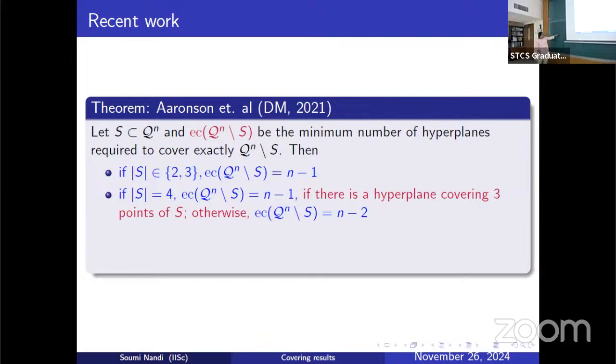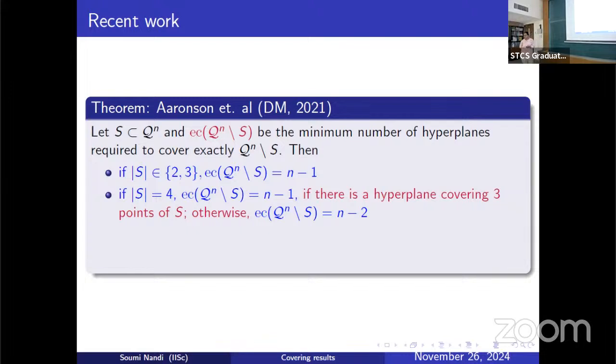If any 3 of them can be covered with a single hyperplane, then the result says that to cover Q_n minus S, I will require n-1 many hyperplanes. Otherwise, we can do it using n-2 many hyperplanes.